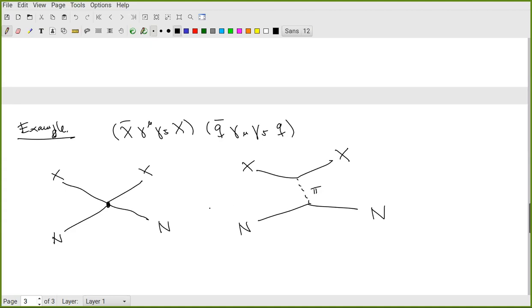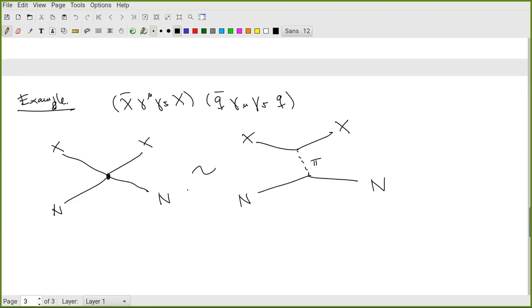In this case, it turns out that they are of the same order: they give the same power nu, so the same power of q, and you have to include both of them. Depending on the model, there is typically an interference between them which is negative. So if you include this diagram, the cross section will get smaller than what you would naively expect. That's another example where pions contribute.